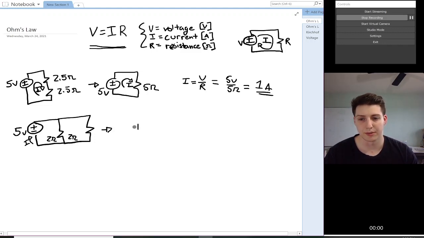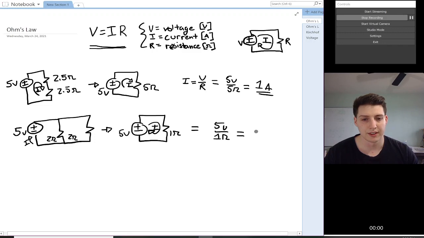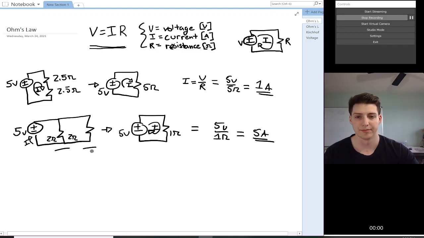So we know how to express this one in terms of one resistor, where these 2 ohms in parallel will be equal to 1 ohm. Then we will have 5 volts, and our current will be equal to 5 volts over 1 ohm, which is equal to 5 amps. So the battery is supplying 5 amps to the entire circuit. We don't know right now how much current is going through each branch, but we will slowly get there.